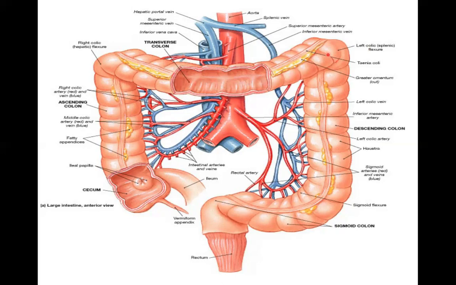Okay, then the left colic flexure will be at the level of T12. It is slightly higher than the right colic flexure. And it will be attached to the 11th rib at the mid-axillary line through a fold of peritoneum called the Phrenicocolic ligament.